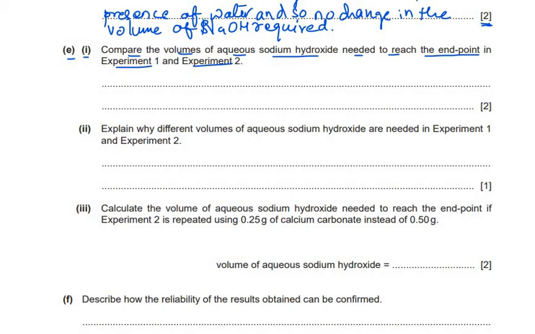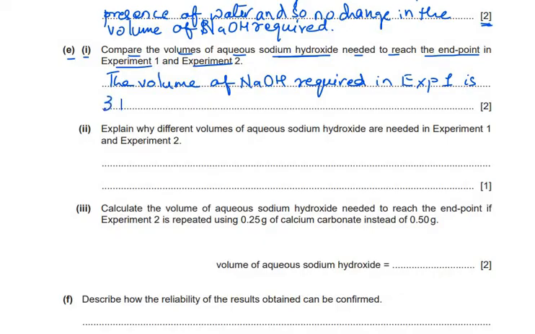So we can write that the volume of sodium hydroxide required in experiment 1 is 3 times more than experiment 2. You need to write it in words, but I'm writing in short because I don't want to waste time. Okay, let's go ahead with the next part.